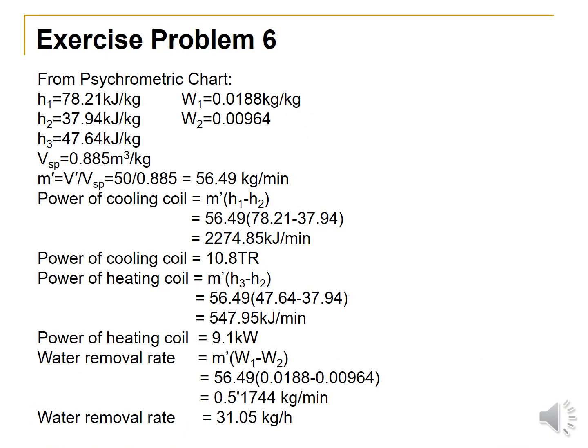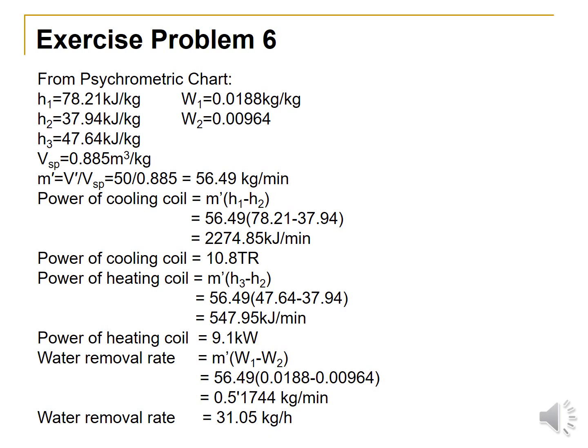So from the psychrometric chart, H1 is found to be 78.21 kilojoules per kg and H2 37.94 kilojoules per kg, W1 0.0188 kilogram per kg of dry air and W2 0.00964, and H3 is found to be 47.64 kilojoules per kg.